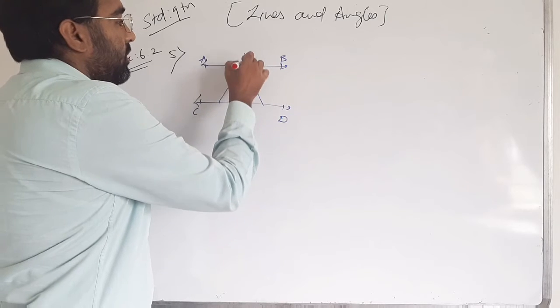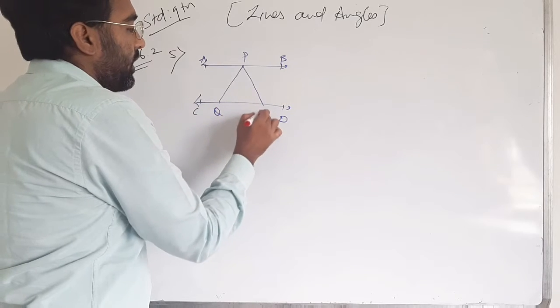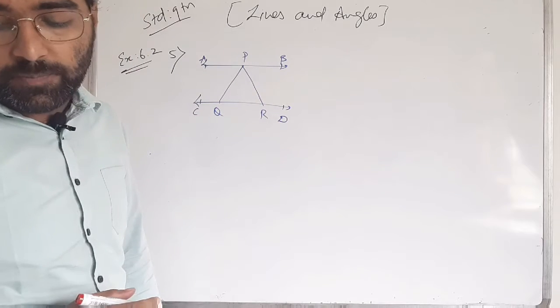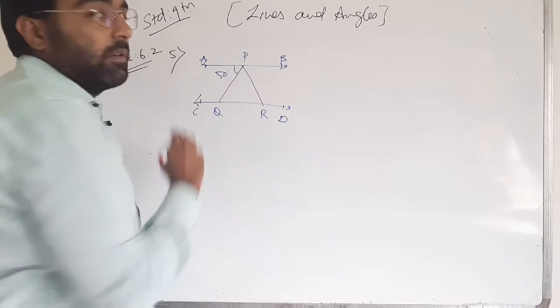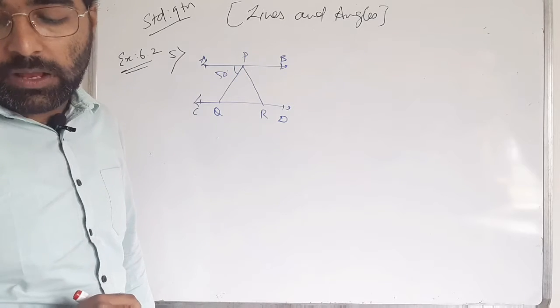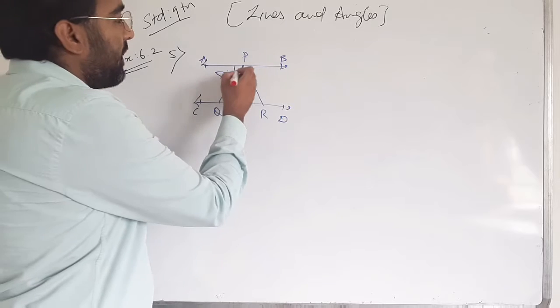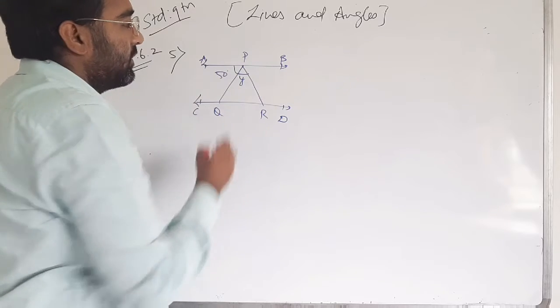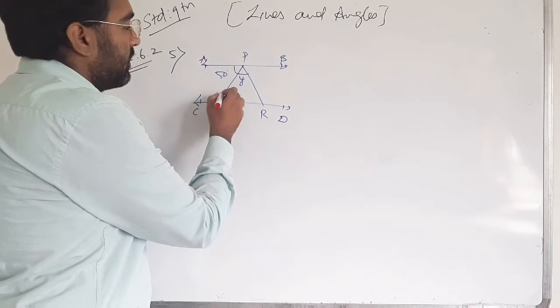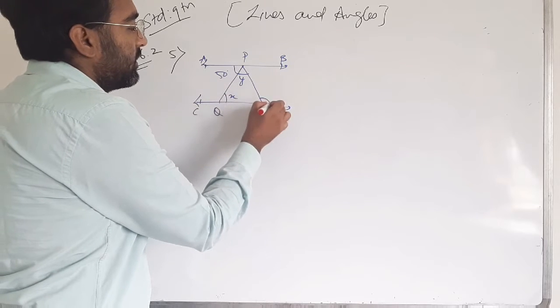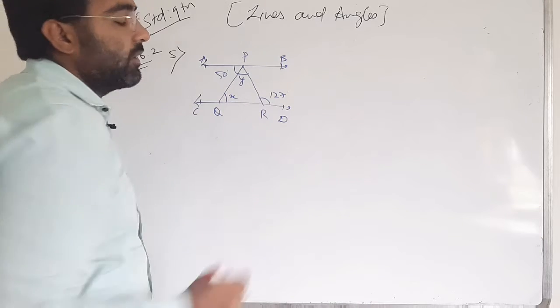Here the angle 50 degrees is given. Second, angle Y is given here, this is my angle X, and this is my 127 degrees.